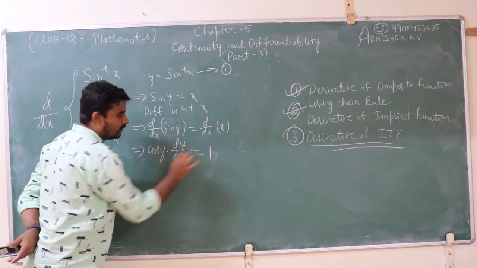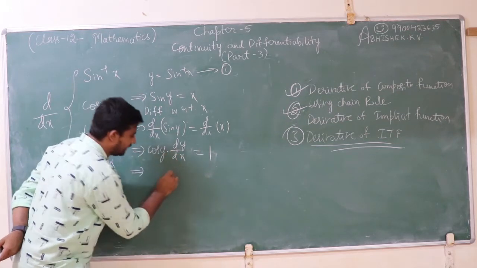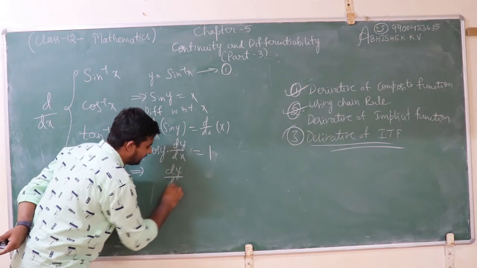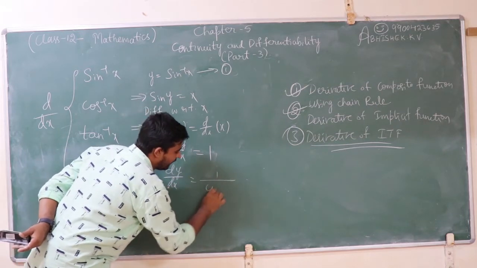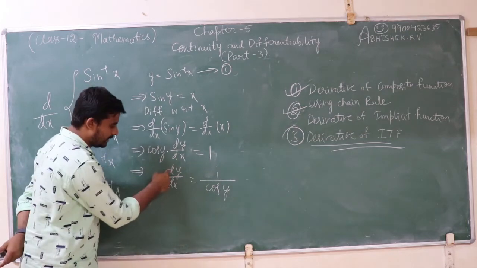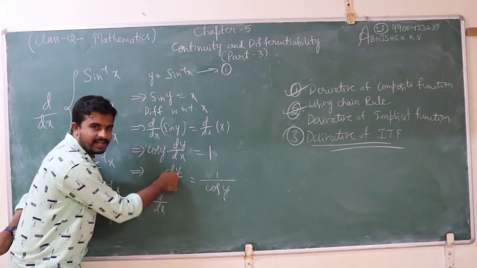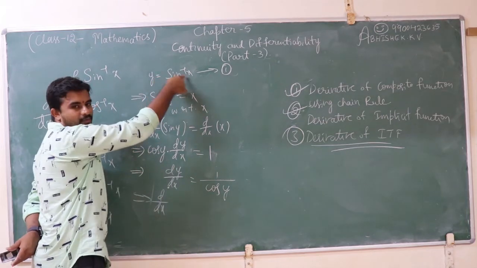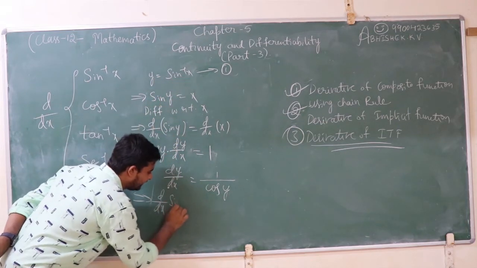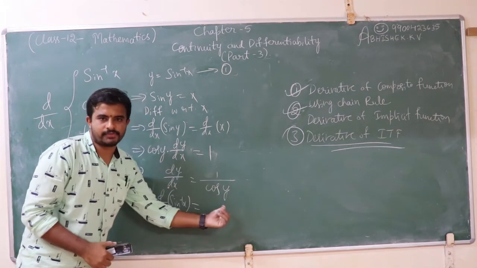This implies dy by dx is equal to 1 by cos y. Therefore d by dx of y, where y is sin inverse x, is equal to 1 by cos y.